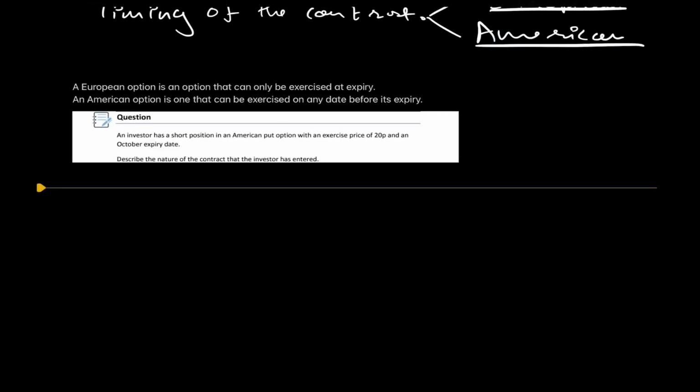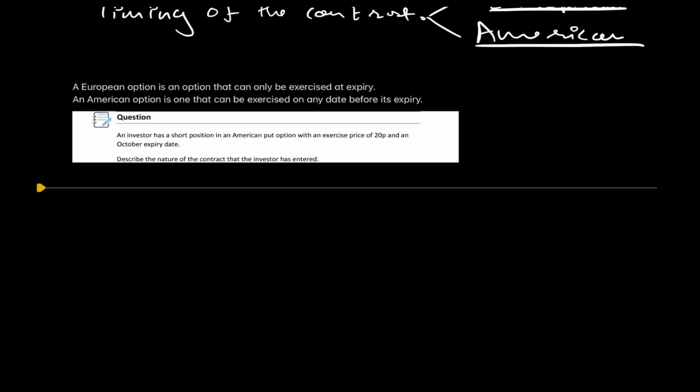Okay, so now let's just look at this very simple question. It says an investor has a short position in an American put option with an exercise price of 20 pence and an October expiry date. Okay, so describe the nature of the contract that investor has entered.